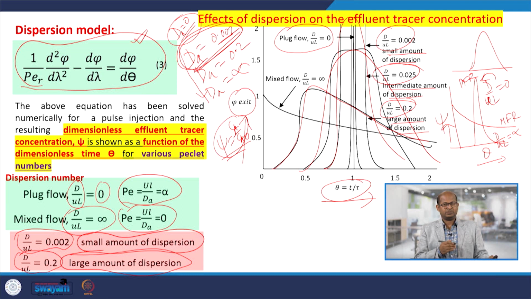Through the tracer test we can get this value, and based on that we can correlate and conclude that there is some dispersion in that reactor.